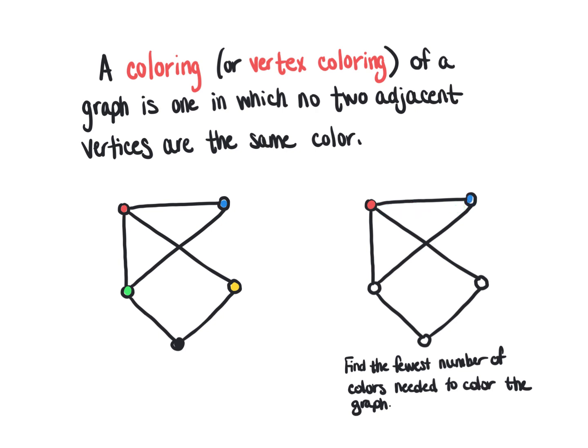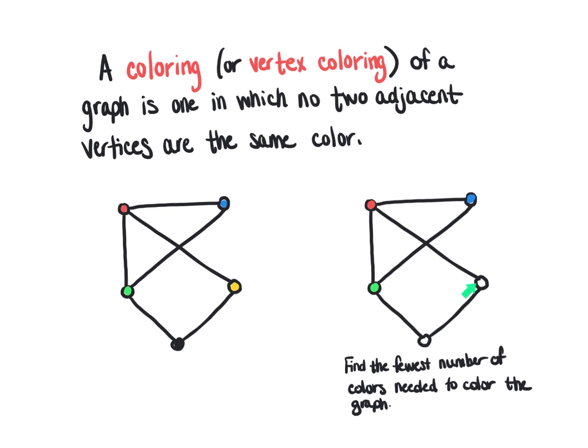So I'll color it blue. Then moving on to the next vertex, let's look at this one right here. The goal would be to color it using an existing color. In other words, using red or blue if I could. But notice that this is adjacent to the red vertex, and it's also adjacent to the blue vertex, which means I'm going to need a different color. So I'll color it green.